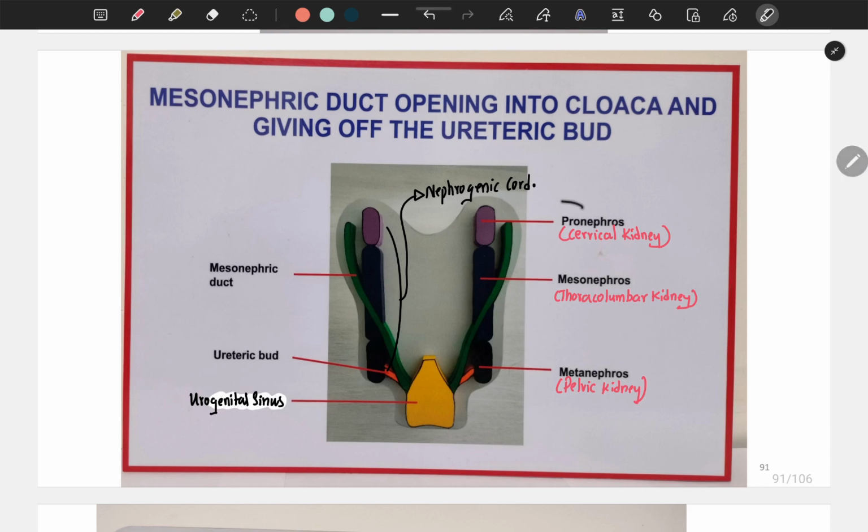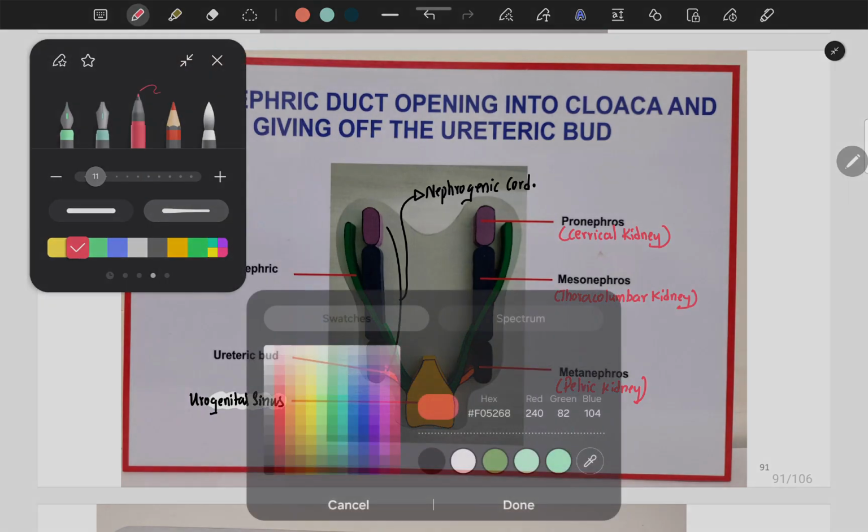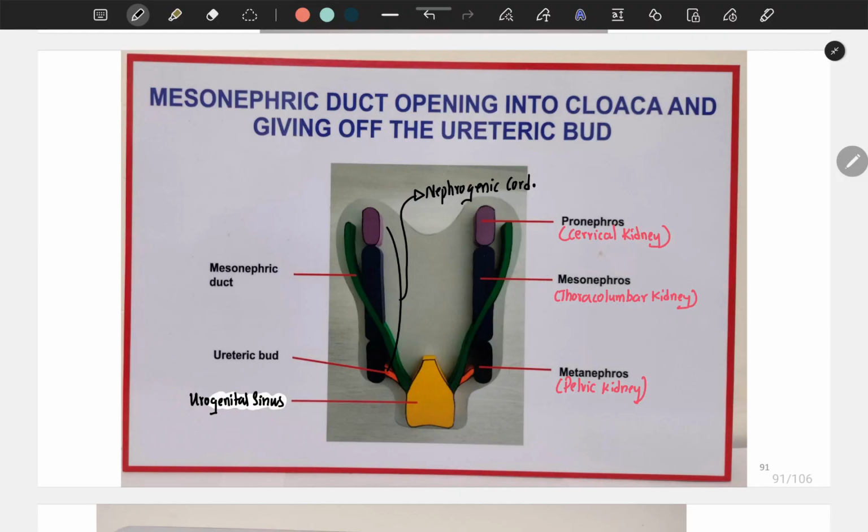See, this is pronephros, this is mesonephros, this is metanephros. All these are coming from the nephrogenic cord. Nephrogenic cord from where? See, first is the urogenital sinus.